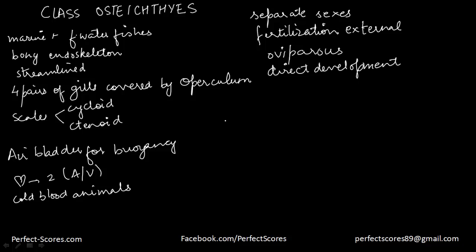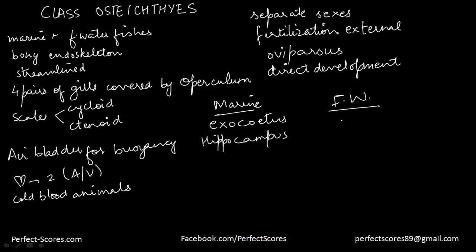So a lot of examples are there. I'll give you a few examples that belong to the marine ecosystem. You have the flying fish, which is Exocoetus. Then you have the seahorse, Hippocampus. Another example in the freshwater is the fish rohu, which is Labeo.